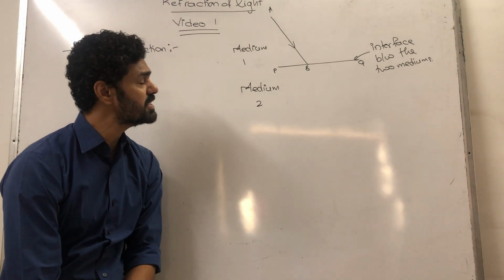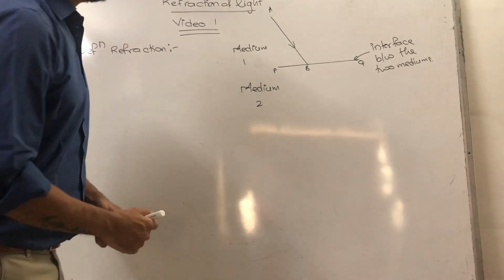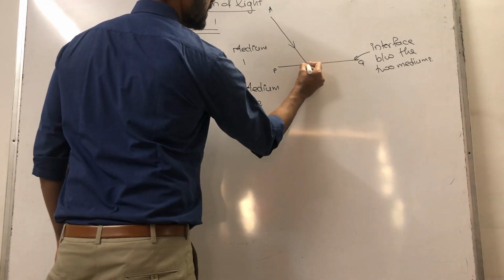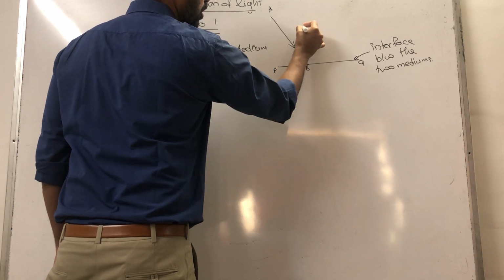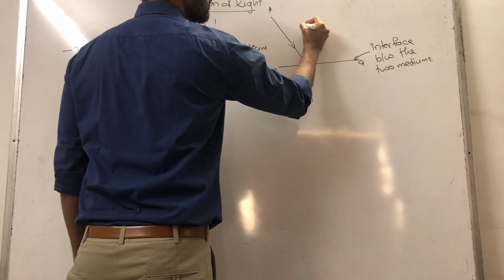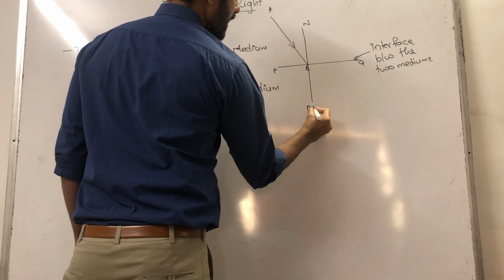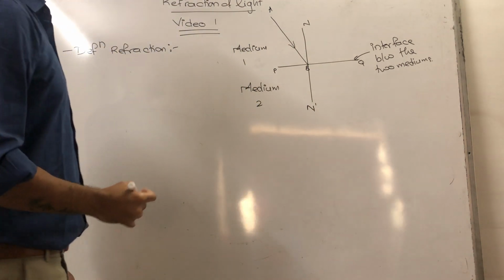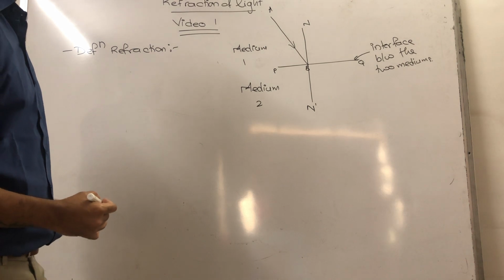Let's say AB is the incident ray. If AB is the incident ray, B is the point of incidence. Let's draw a normal N dash at the point of incidence.